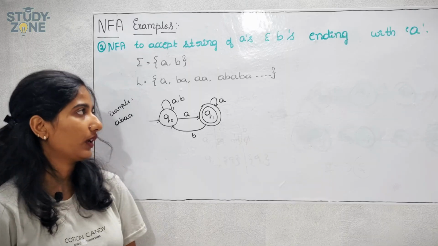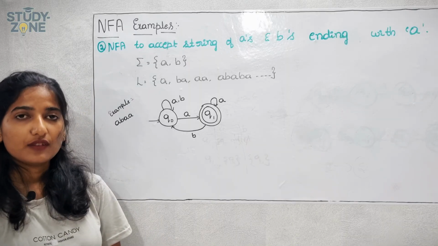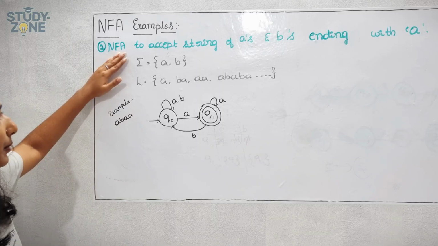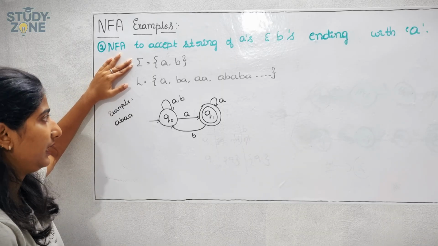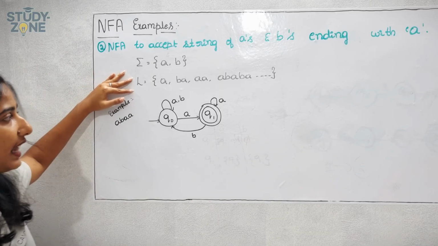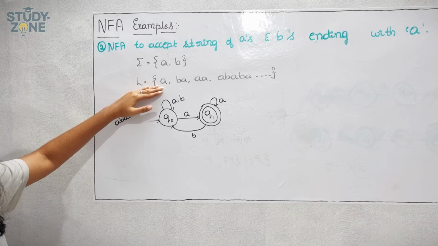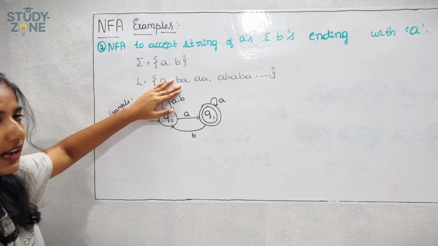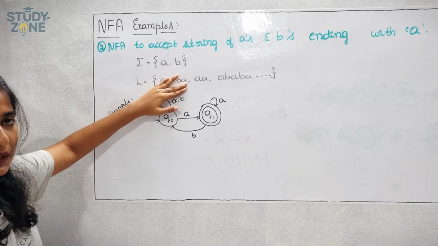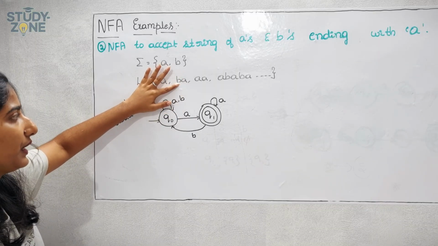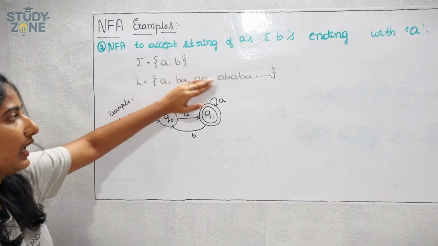Okay, so for ending with A, what are all the alphabets? Alphabets are A and B. And what are all the languages? Languages can be A, because the ending can be A, or at the start we can have anything, but the ending should be A, which means at the start we can have B or A, it can be AA.